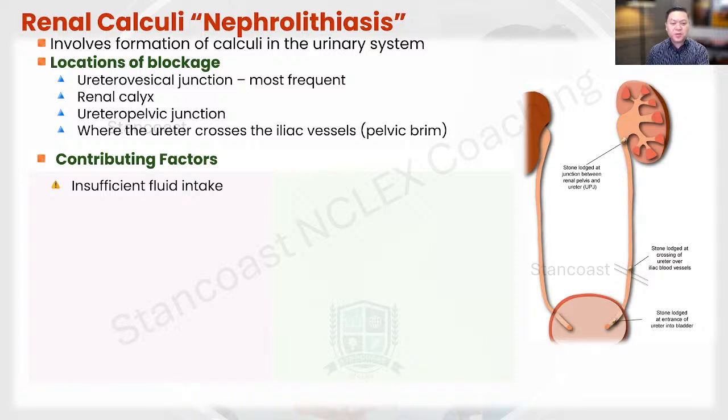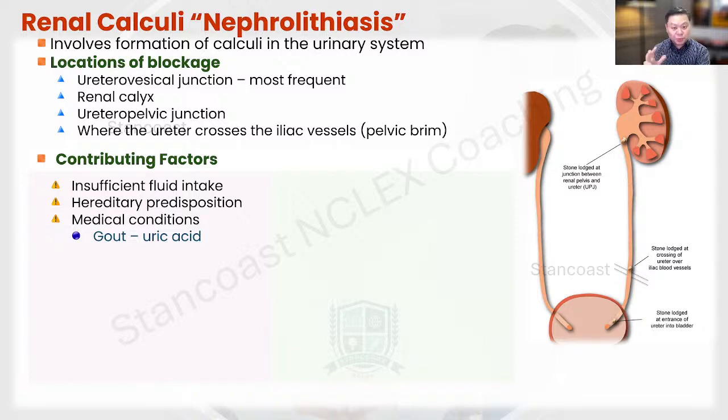Now, there's also hereditary predisposition and conditions that are associated with stone formation. One example here is gout, wherein there are excessive levels of uric acid. And this is going to be filtered by the kidneys. Of course, this can lead to stones as well.